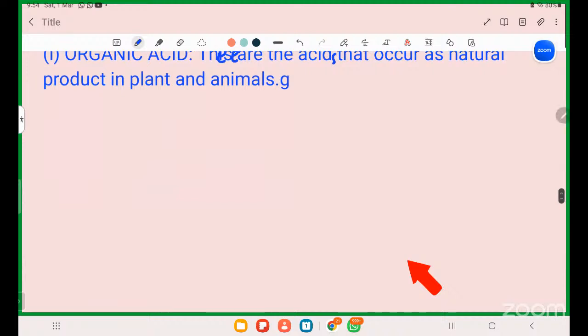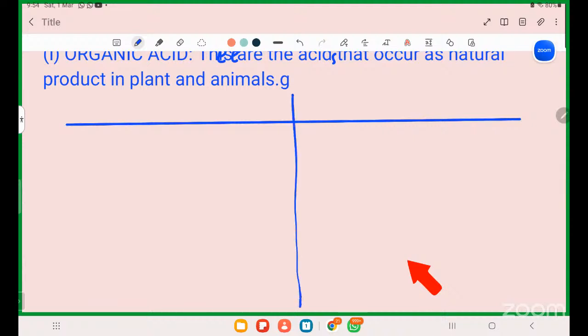This chart below will give us some examples of organic acids and their sources. So you need to know examples of organic acids and also their sources. All right, an example of an organic acid is your lactic acid. So lactic acid is an organic acid.